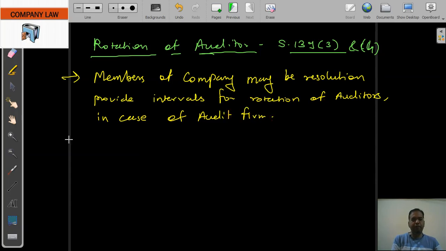So this is applicable in case of an audit firm. Even the Central Government may by rules prescribe the manner of the rotation.